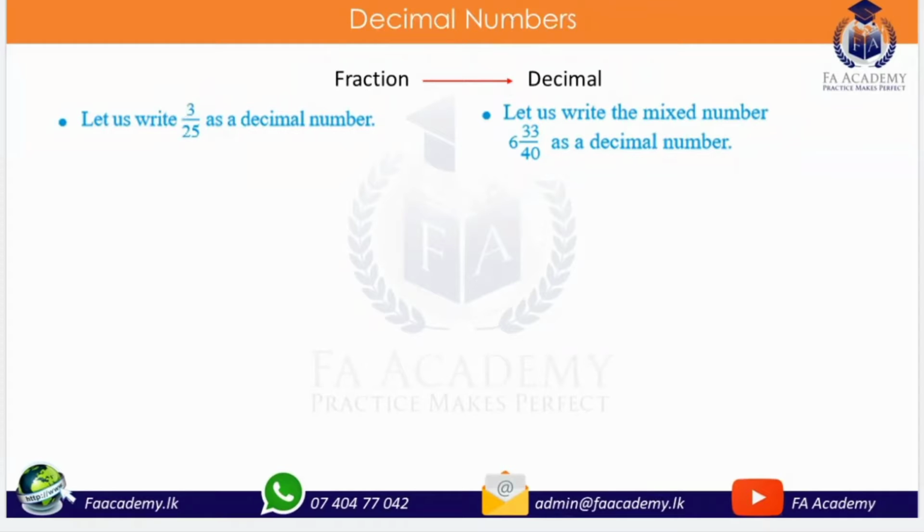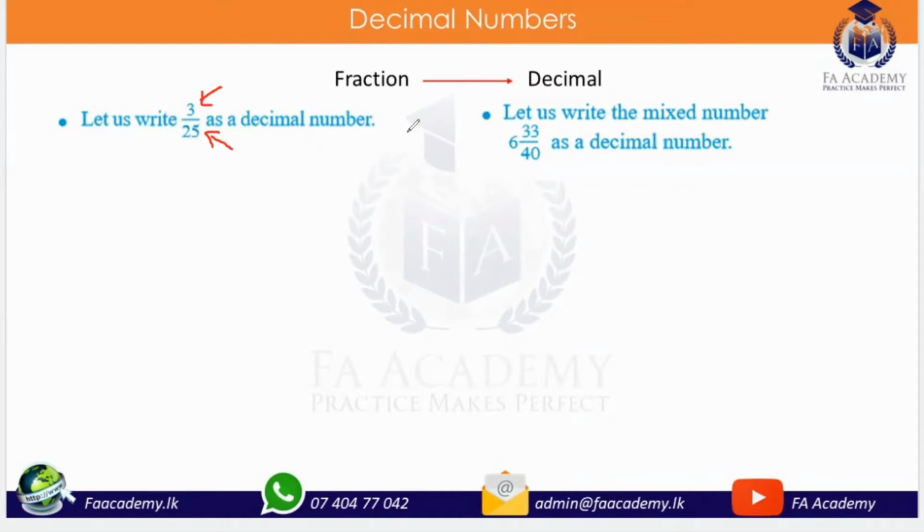Fraction means we have a numerator and a denominator. The top number is called the numerator and the bottom number is the denominator. This is a proper fraction. In a proper fraction, the numerator value is less than the denominator's value.